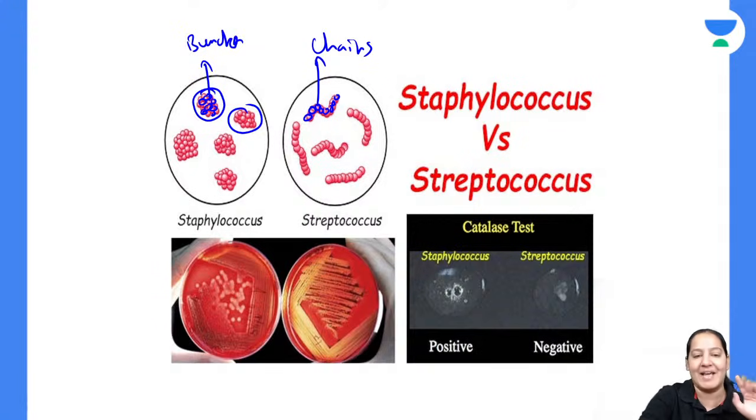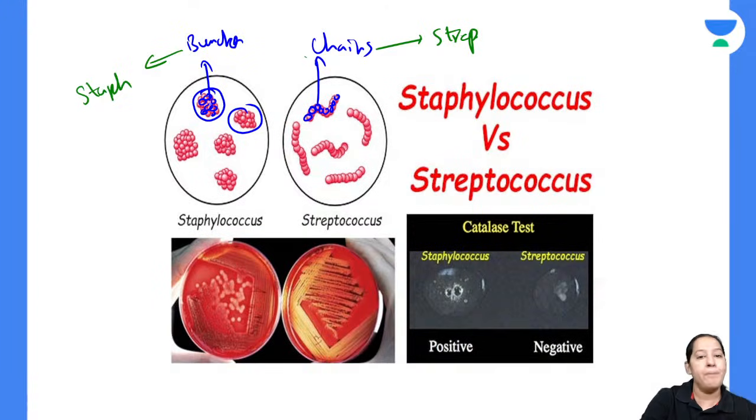The ones arranged in bunches are Staphylococcus, and the ones arranged in chains are Streptococcus. Both are circular and spherical, that's why both are cocci, and both are gram positive. You got my point?